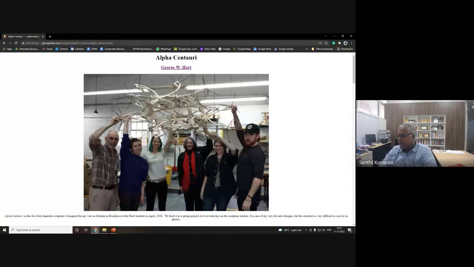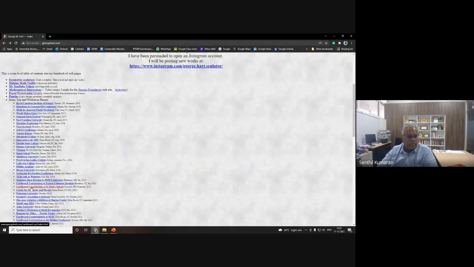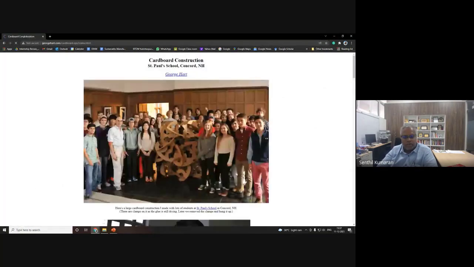In the labs, if you have a maker space or innovation lab, you might want to take some of his sculptures and try to build them. We have built two or three sculptures of his, very interesting sculptures. He has built them in multiple places, in schools and colleges. He's a computer science guy, but he's very much interested in geometry and 3D structures. He developed them by programming, not by modeling. That's the beauty of it.